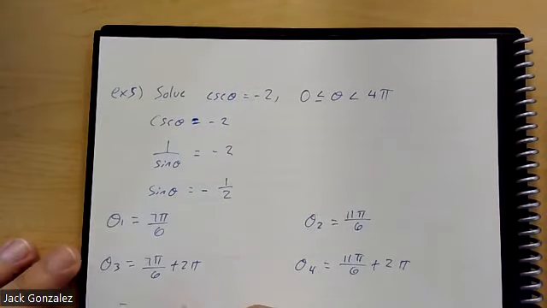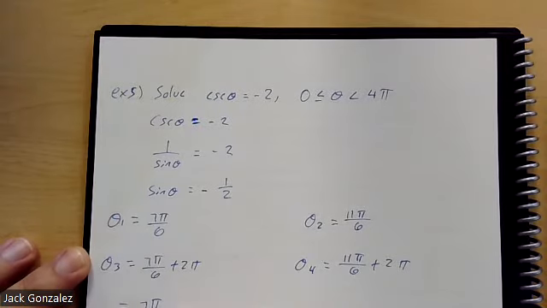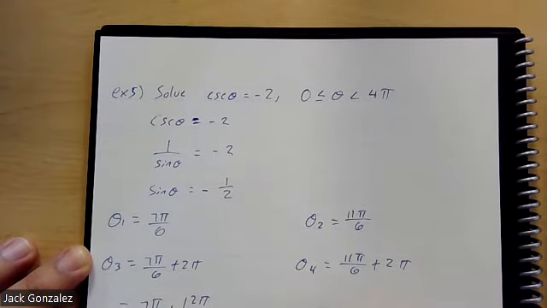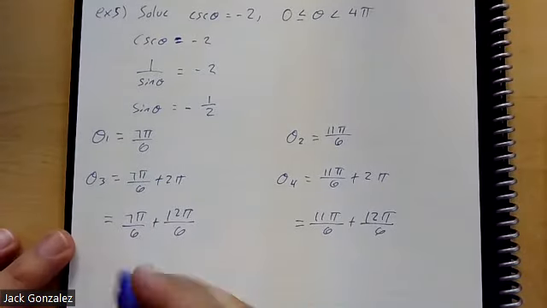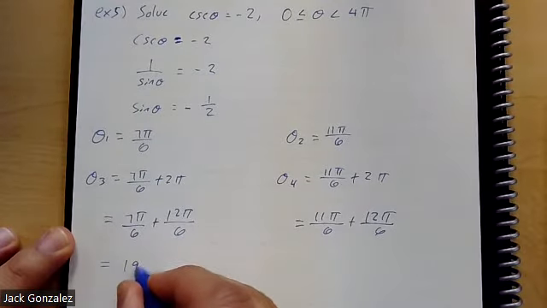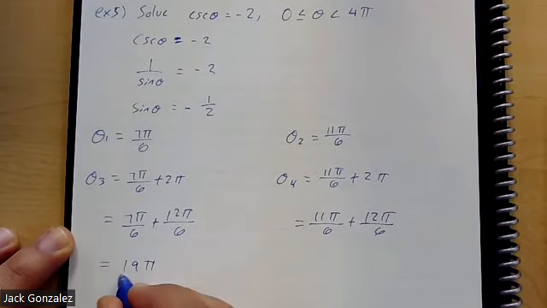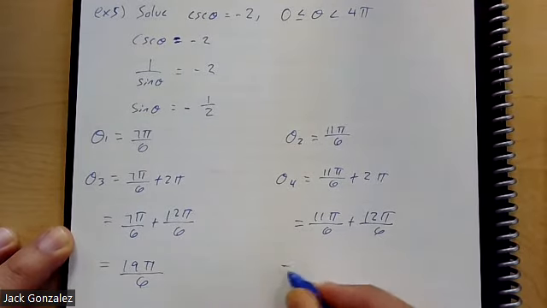Okay. So 7 pi plus, that's a LCD of 6, right? 11 pi plus 12 pi. 7 plus 12. 11 plus 12.